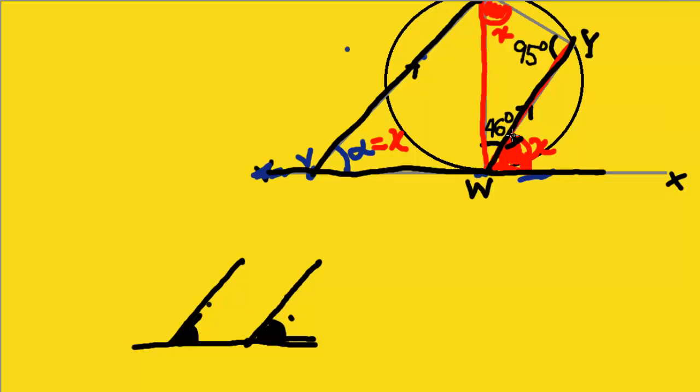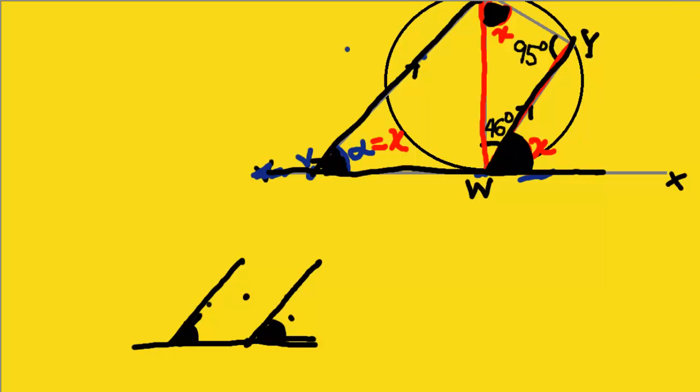And according to the rule of corresponding angles, this angle here, the angle WY makes with the tangent, if you want to call it the tangent, or the horizontal line, must be equal to this angle here. Look at what I just showed you here, and what I just did here. You'll agree. So, basically, we know that this angle here is equal to this angle, which is also equal to this angle alpha we're looking for.